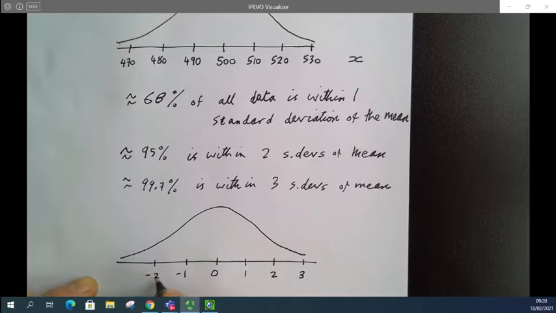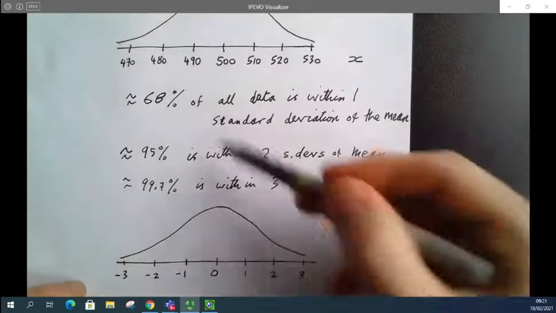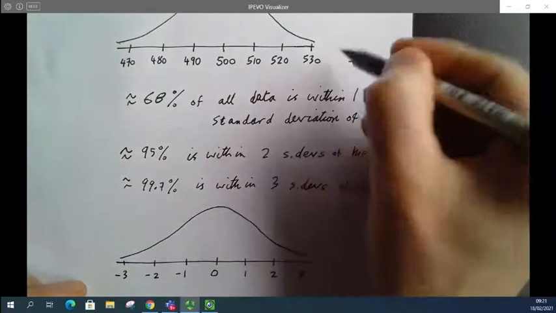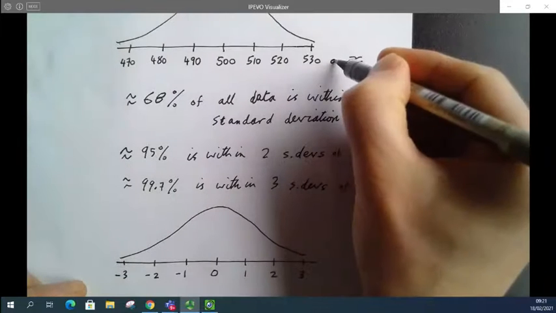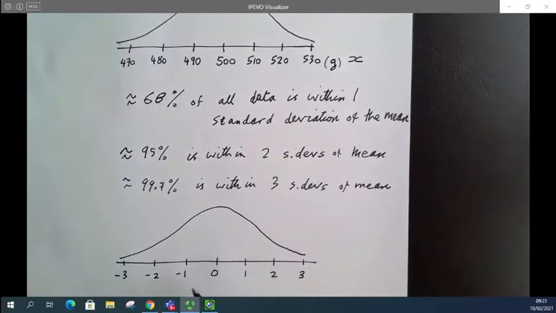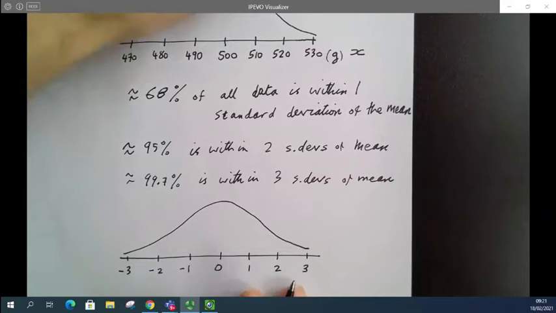Because not every question, that's interesting that you mentioned that there, was this always going to be like that? It actually is always going to be like that, but not every question is going to be cornflakes boxes. So this is grams. But it doesn't matter if it's about cornflakes boxes or the length of fish or the amount of time taken to do something or whatever it might be.